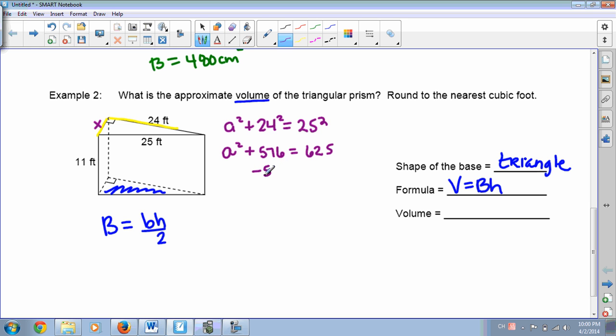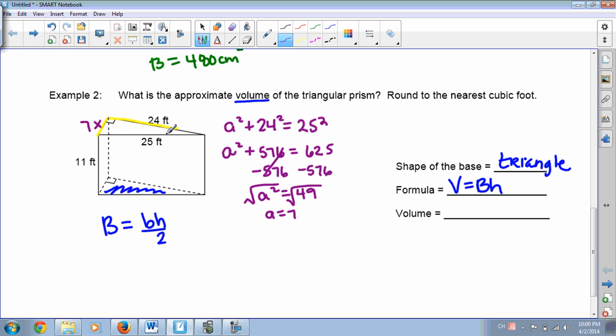And then when we subtract 576 from both sides, a squared is going to equal 49. 625 minus 576 is 49. Take the square root of both sides, so a is 7.